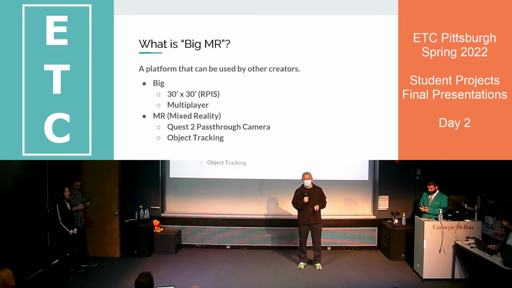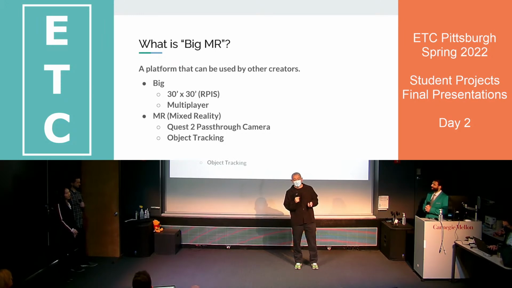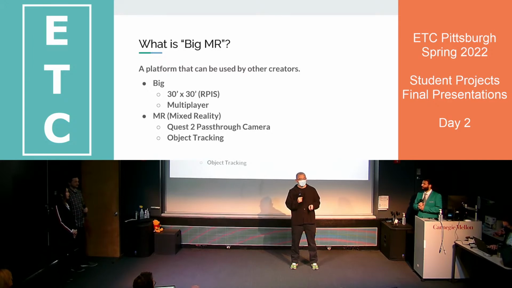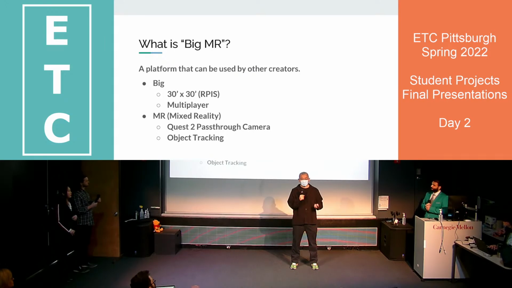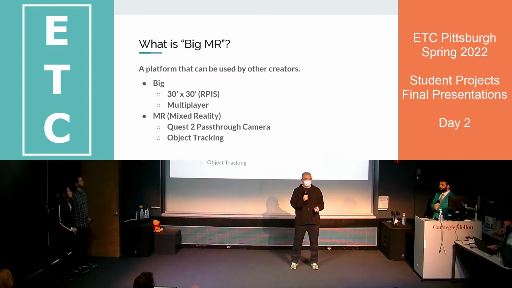And what is Big MR? Big MR is a platform that lets creators create a Big MR experience. What is a Big MR experience? It has 4 features. The first one is big room. We are using a 30 feet by 30 feet physical space in the RPIS. The second one is multiplayer, with up to 15 people in the same room at the same time.